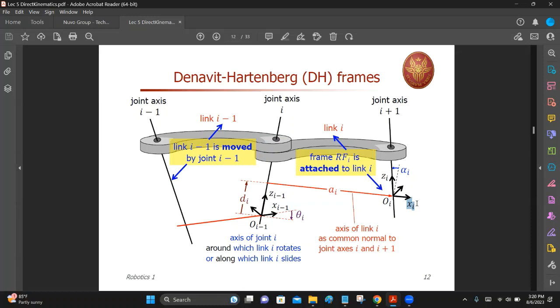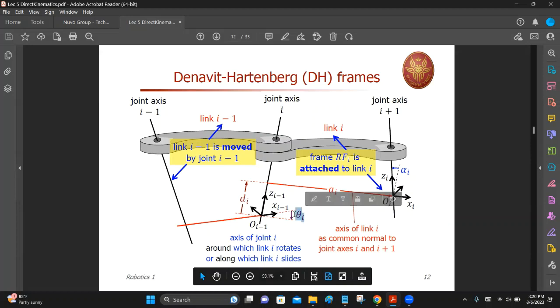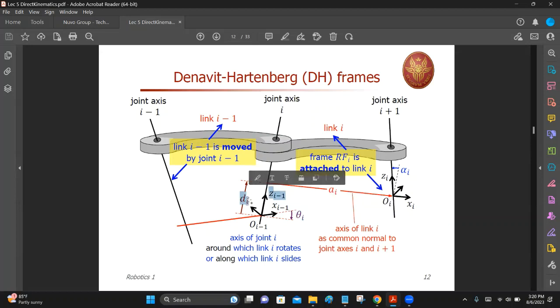So similar to the previous rotation and translation with respect to zi minus 1. The first two, rotation and translation, are physical motions. Actually, one of them is a physical motion, the other one is fixed. As I said, if joint i is a rotary joint, then theta i is the variable and di is fixed.